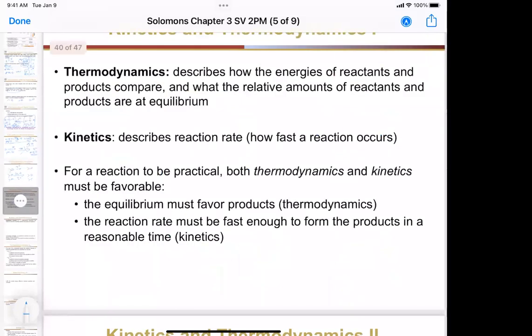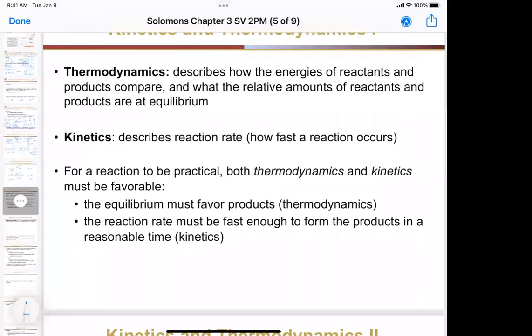So let's talk a little bit about the difference between thermodynamics and kinetics. In the case of thermodynamics, that describes the energy of the products versus the reactants. If the products have less energy, the reaction is thermodynamically favored because you want to go from high energy, high acidity to low energy, low acidity. So you're doing the same kind of thing.